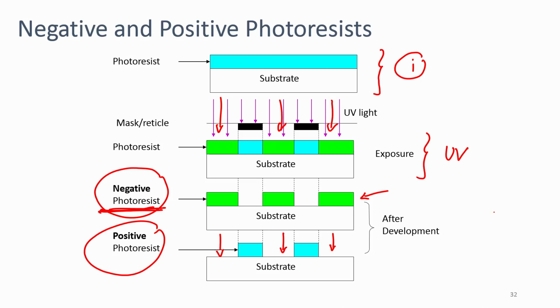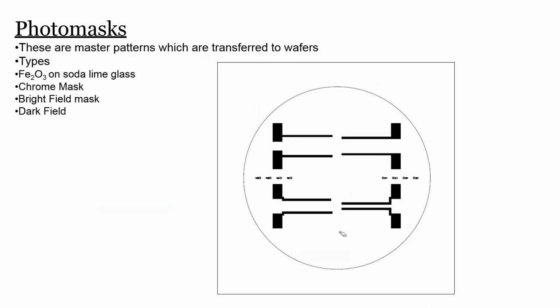The area which is exposed by UV light, that area the photoresist will get developed if it is a positive photoresist. You got it? Easy, right. It is a negative photoresist and a positive photoresist. It is very easy to understand what will happen if I use a particular photoresist.